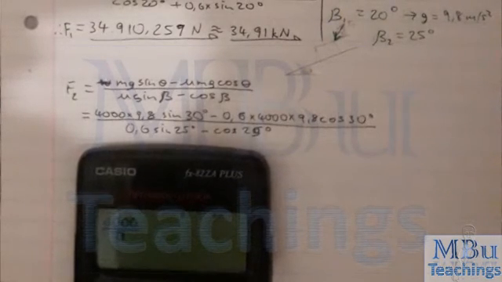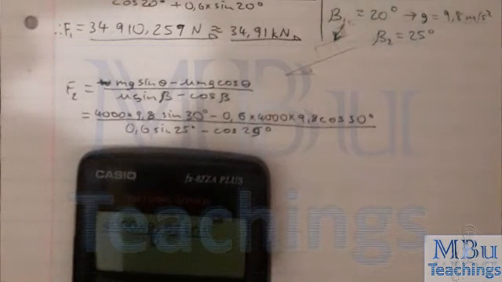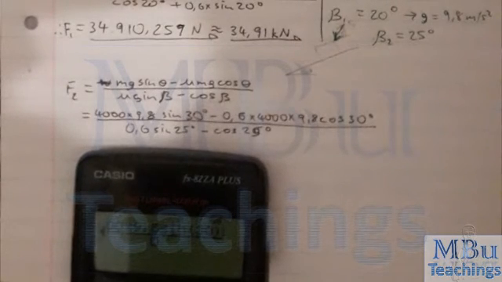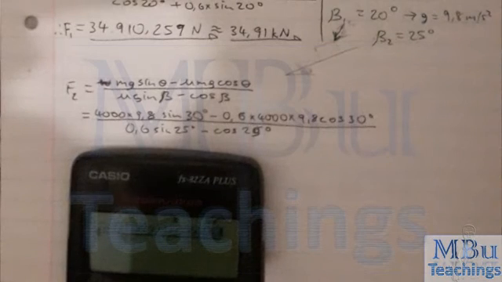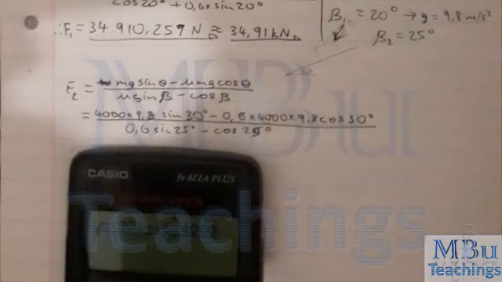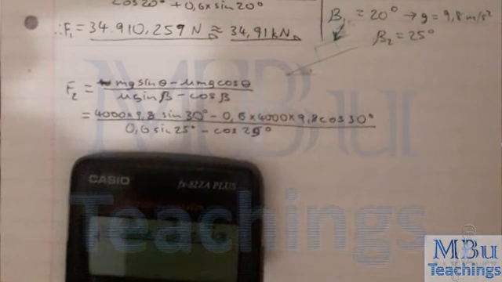It's 4,000, close the brackets, minus this time again 0.6 times 4,000 times 9.8 cos 30.